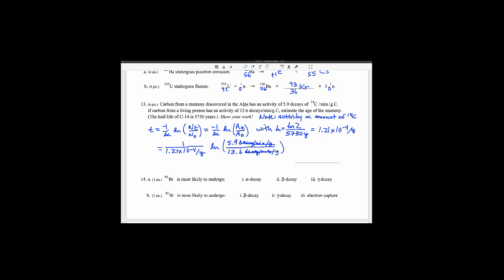And so the result we get from this calculation is 6,900 years.